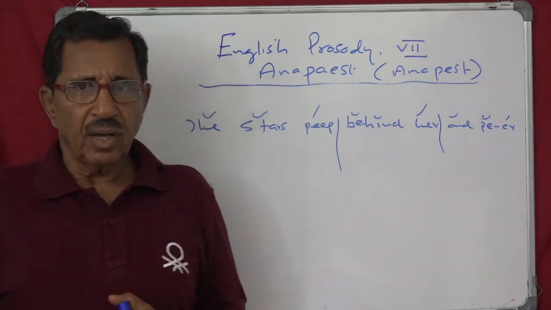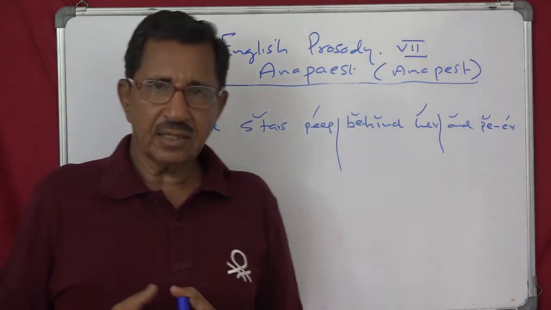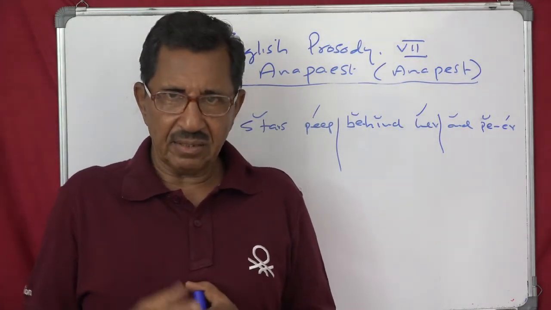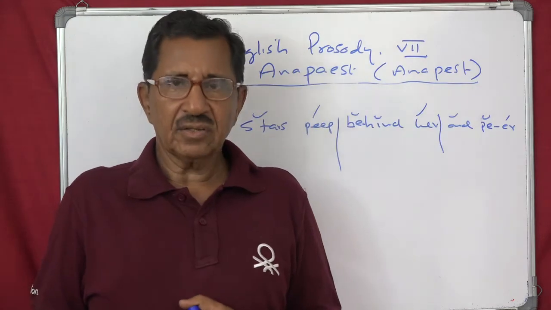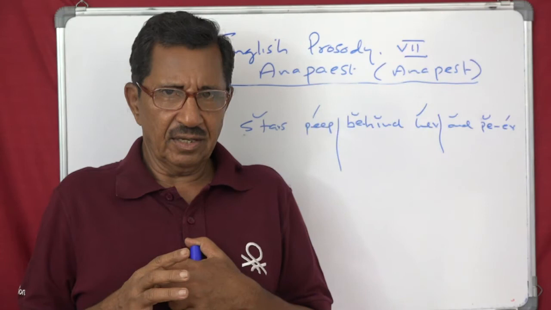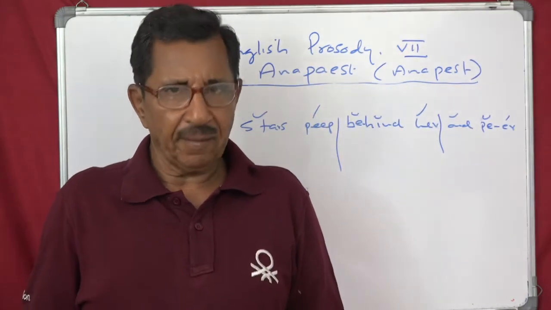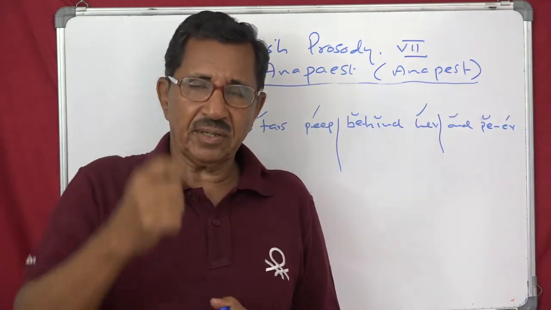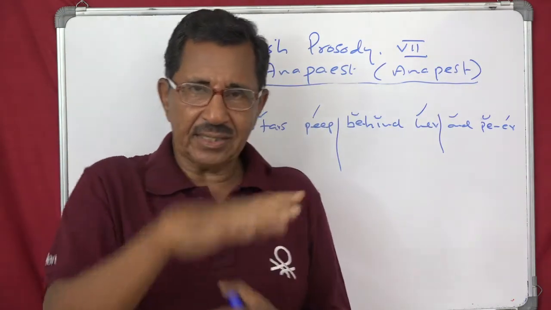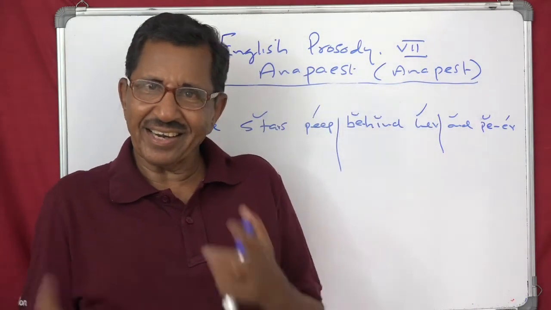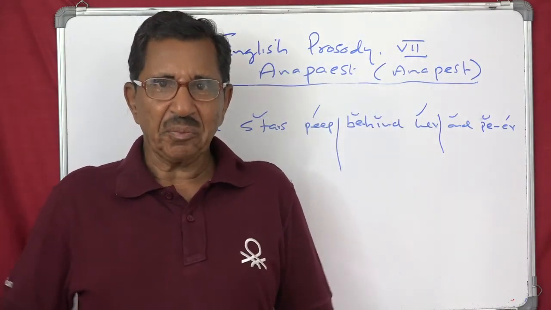Now, at the beginning of this English prosody class, I mean taking a meter, English meters, I told you, the most common you find in European poetry is the iamb. That is the unstressed, stressed pattern. Leaping rhythm. Listen, leaping rhythm. Trochee is running. And spondee is solemn.